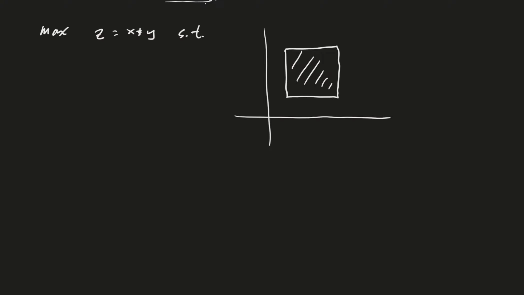Okay, so a couple of vocabulary points are that our objective function is the function that we're maximizing or minimizing, and so in this case it would be z equals x plus y, or you could say this is f of x, y, right? Good.